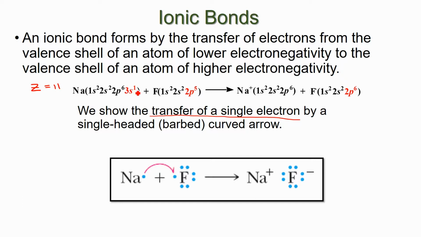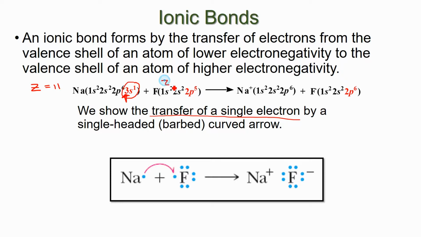So I told you a bond is formed involving valence electrons, and that's how we usually do our Lewis structures also. Now the outermost shell or energy level in sodium is the third energy level, and it only has one valence electron.